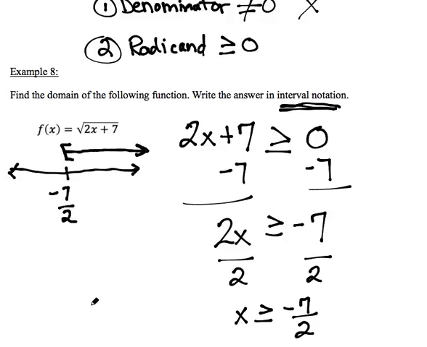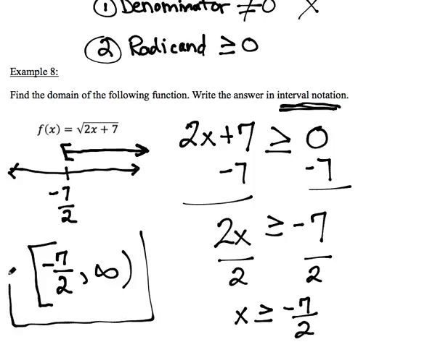Okay, greater than or equal to negative 7/2. So sometimes graphing it out is going to help me see what the interval notation should look like. So my interval notation is everything from negative 7/2, including it, to infinity. And remember, infinity is always going to get a parenthesis. So my interval notation is bracket, negative 7/2 to infinity.